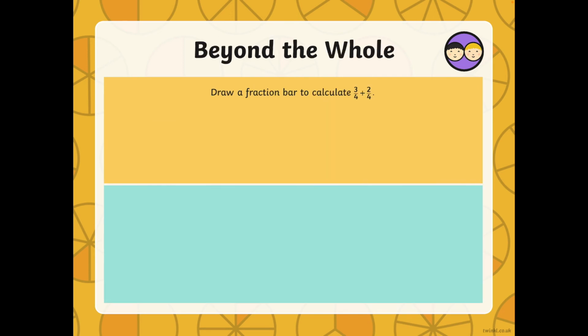Right, so can you draw a fraction bar to calculate 3/4 and 2/4? You can pause that and have a go. Right, and if you weren't sure, this is what it should look like.